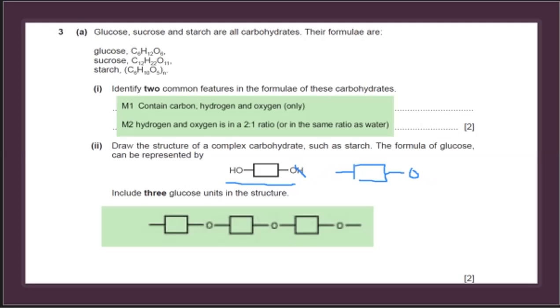I would have repeated units like that. So they ask us to include 3 glucose units. This is 1, 2, 3 glucose units with 1, 2, 3 linkages that are linking these units together.